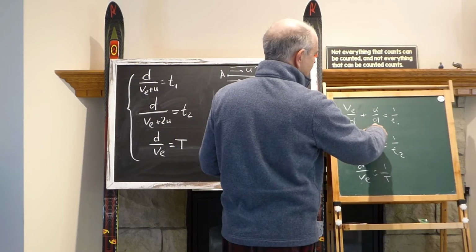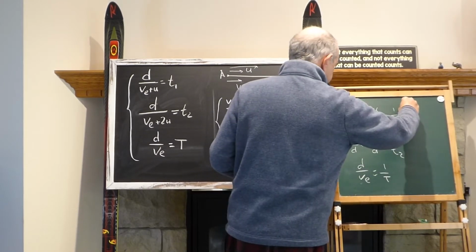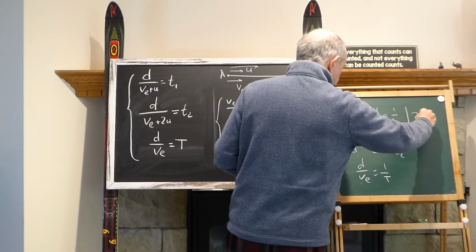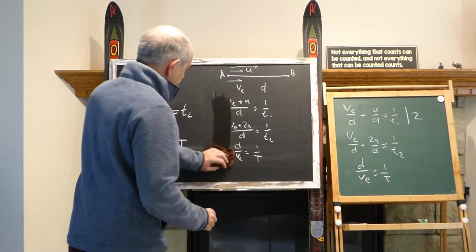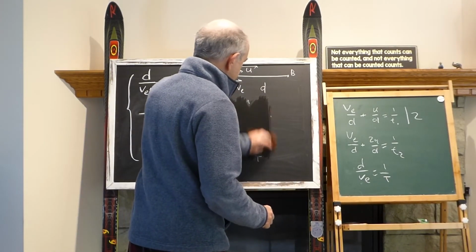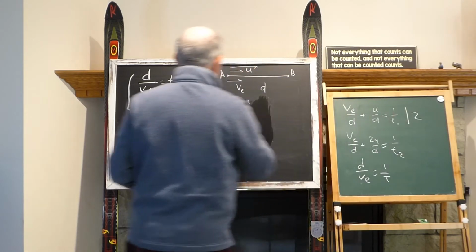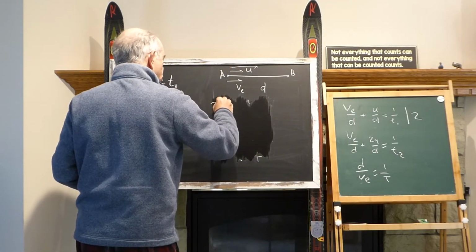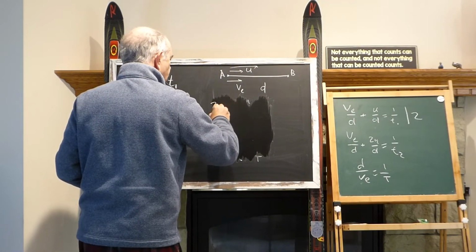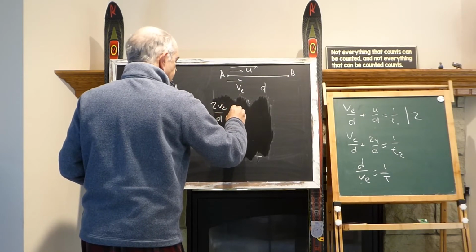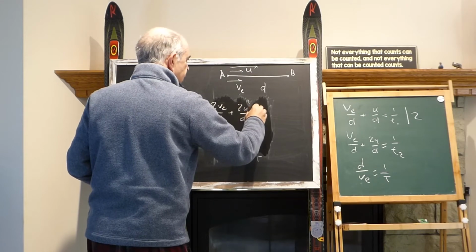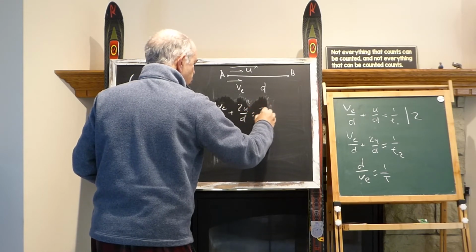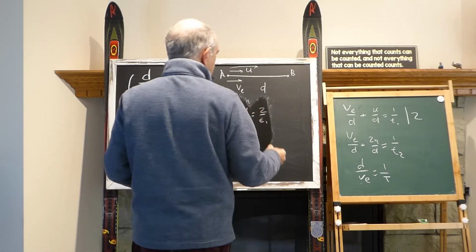So let's get rid of this. So let's multiply this by 2, and I will remove this, because I will continue writing here. So we're multiplying this by 2, and we have 2VE over D plus 2U over D equals 2 divided by T1.